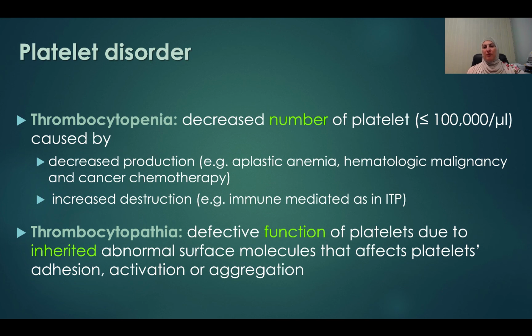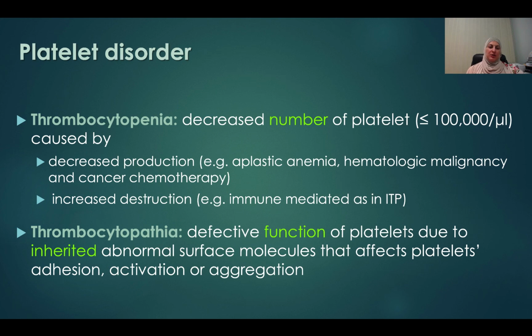The normal platelet count ranges between 150 to 450,000 platelets. Now, if the platelet count is less than 100,000, the patient is said to be thrombocytopenic, and as the number goes lower, the chances of bleeding would increase.